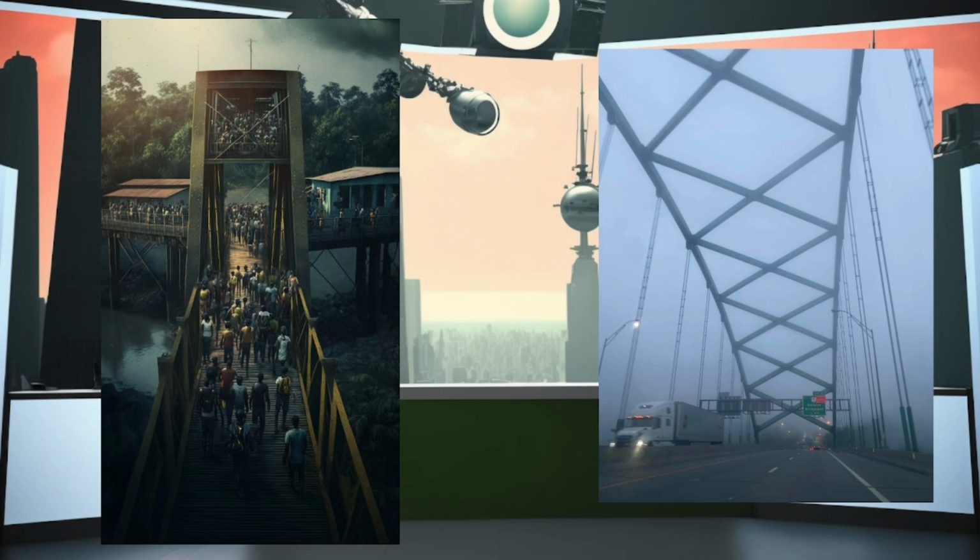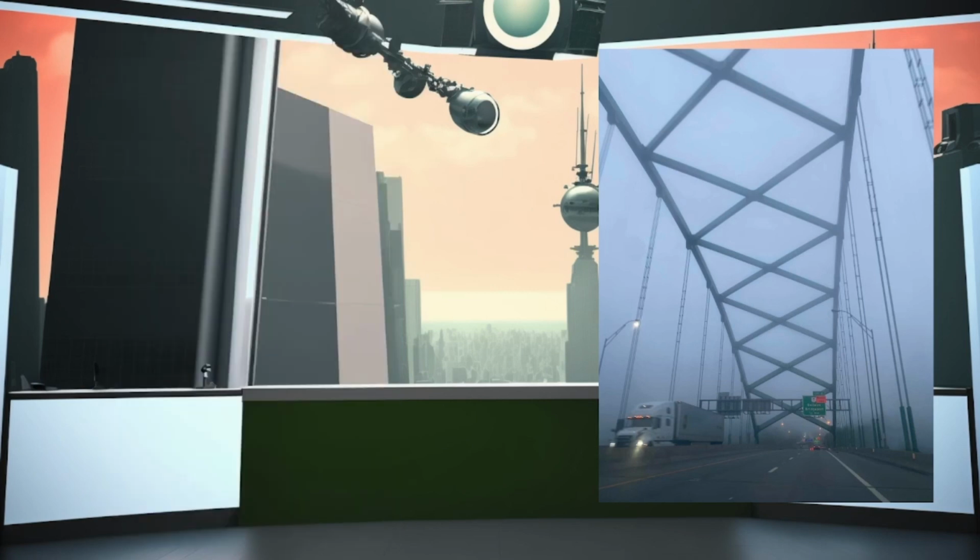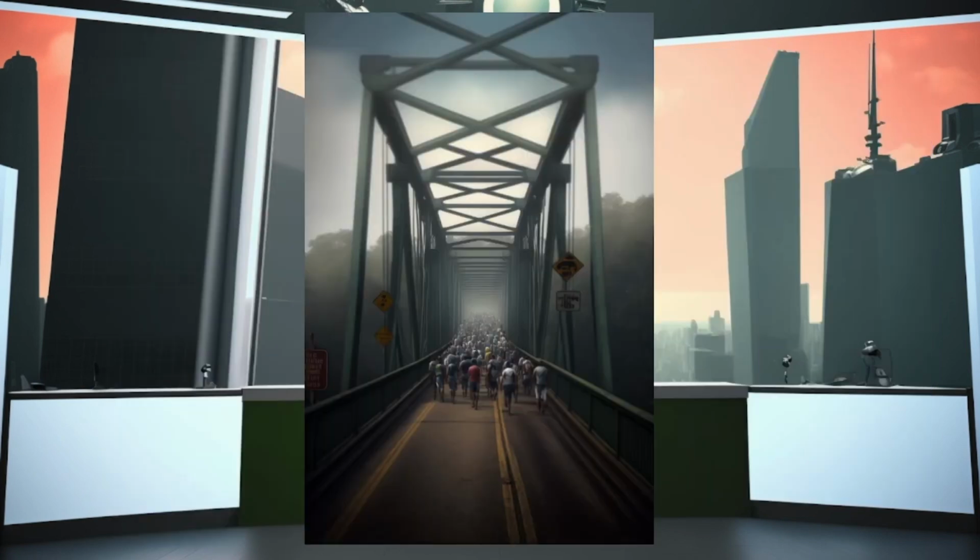I got this photo, recreated this photo, and it gave me this, right? After that, I decided it was time to blend the two images, and this is what came out of it. It's practically the exact same bridge, but you see the survivors going this.